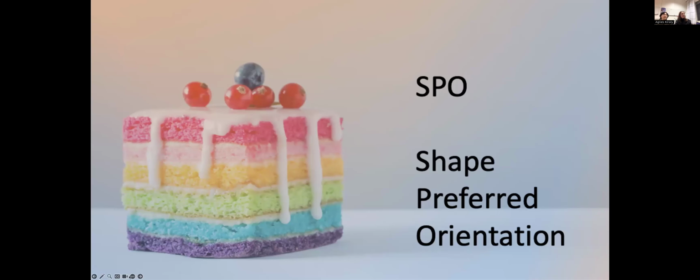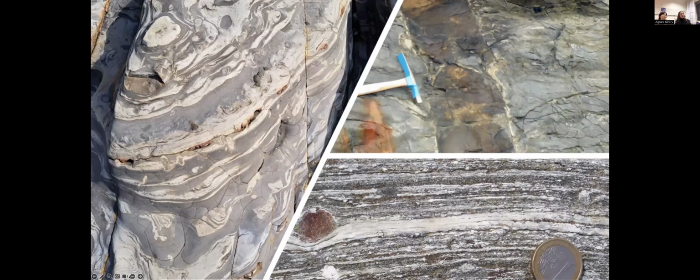Anisotropy can be due to two different properties. One is often referred to as shape-preferred orientation, which means that there are layerings of different quality of materials. And this can happen from microscale to large-scale layering.